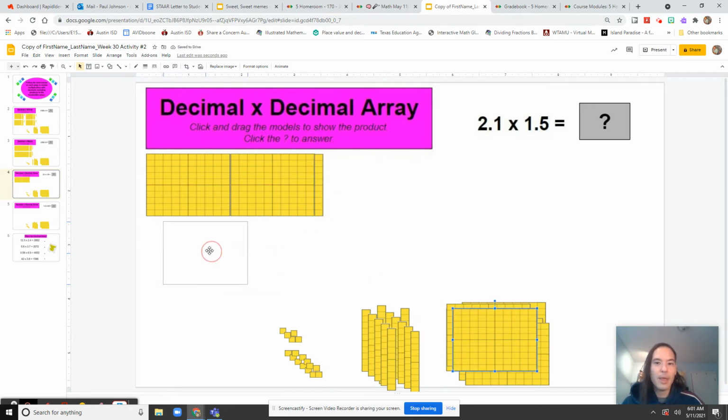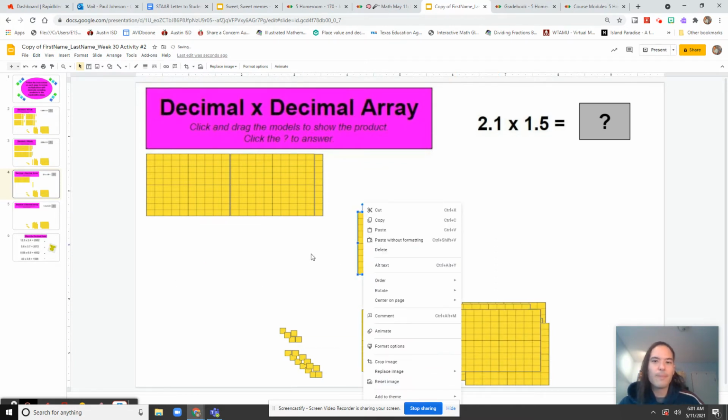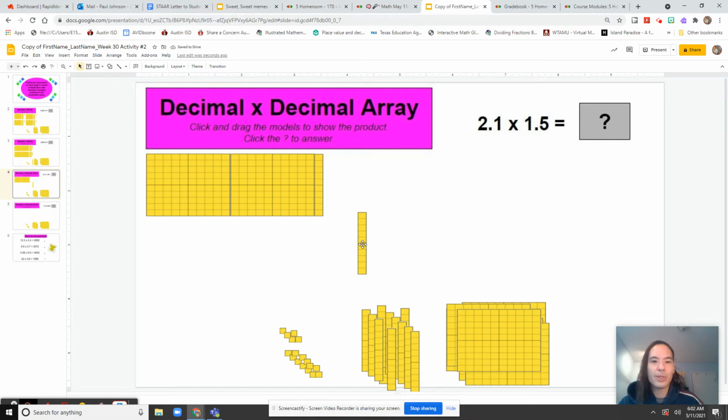And then on the other side, I kind of wonder how they're going to want you to do this because we can't move these. Can we rotate them? Let's see. And take 5 of these.